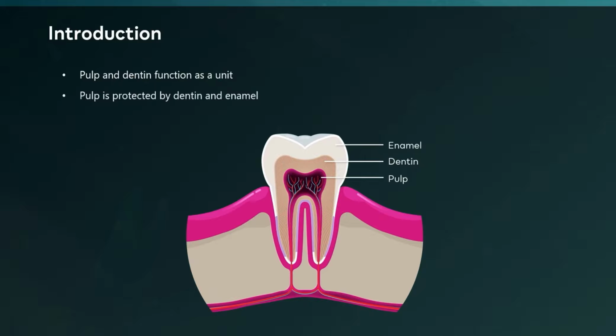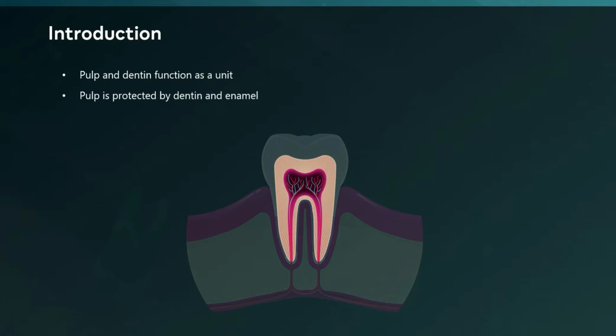Now the actual dynamics of the pulp-dentin complex are more appreciated when we think about an insult to the dentin that affects the pulp. For example, when we have a deep carious lesion which causes the pulp to recede. Conversely, disturbances in the dental pulp can also affect the quantity and quality of the dentin produced.